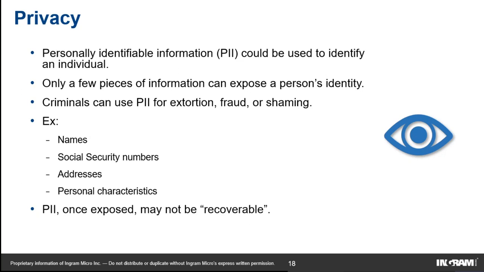That's the reason why privacy related laws are on the rise across the globe. Some of the privacy related personal PII information includes names, social security numbers, addresses, any personal characteristics, and biometrics, which can be linked to a person. That should be protected. Once PII is exposed, it may never be recovered.